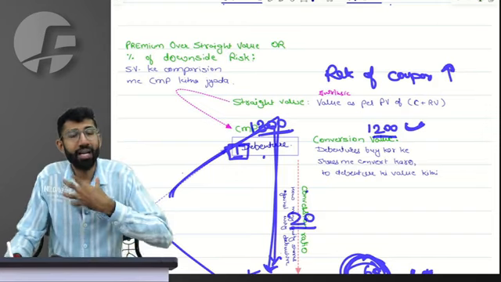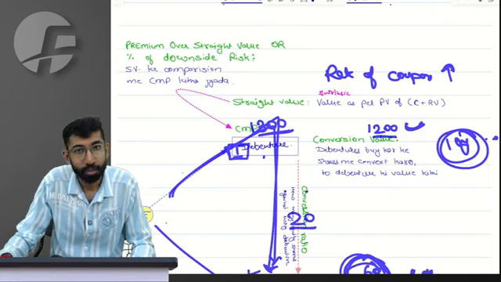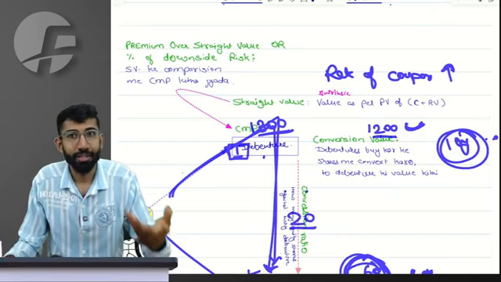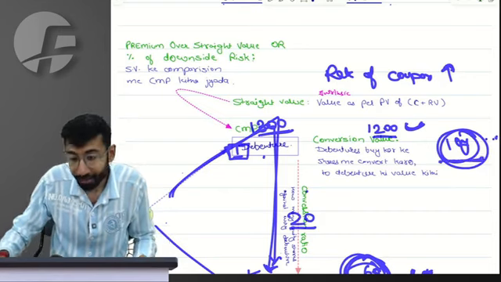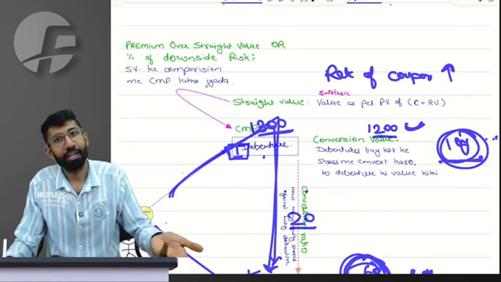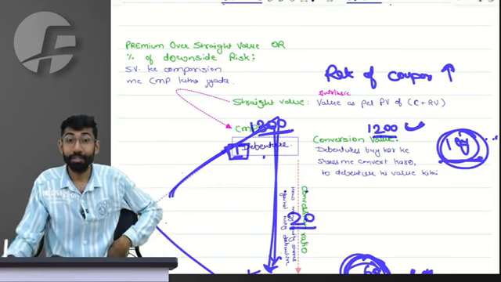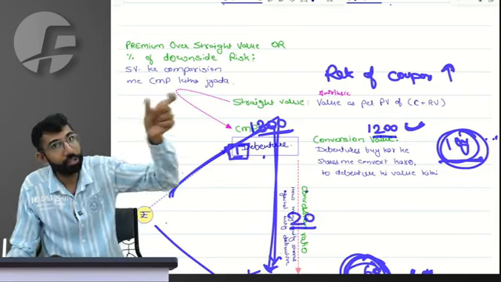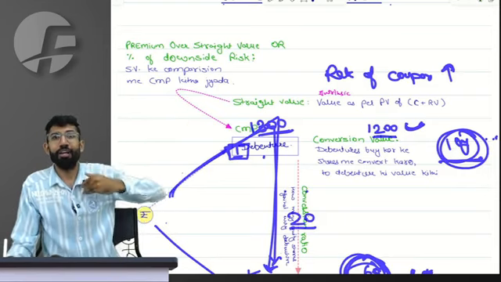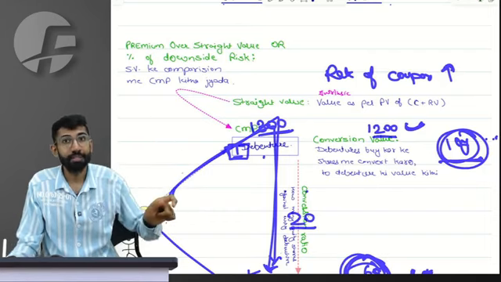So for example, I have an option to convert the bond into shares after 10 years, which means, do you agree, after 10 years, if I convert, everyone please listen to it. After 10 years, if I convert, I will have the same value of share which will prevail in the market. So even if I buy a share directly, it will reach the same place after 10 years. And if I buy a debenture and convert it after 10 years, it will reach the same place.